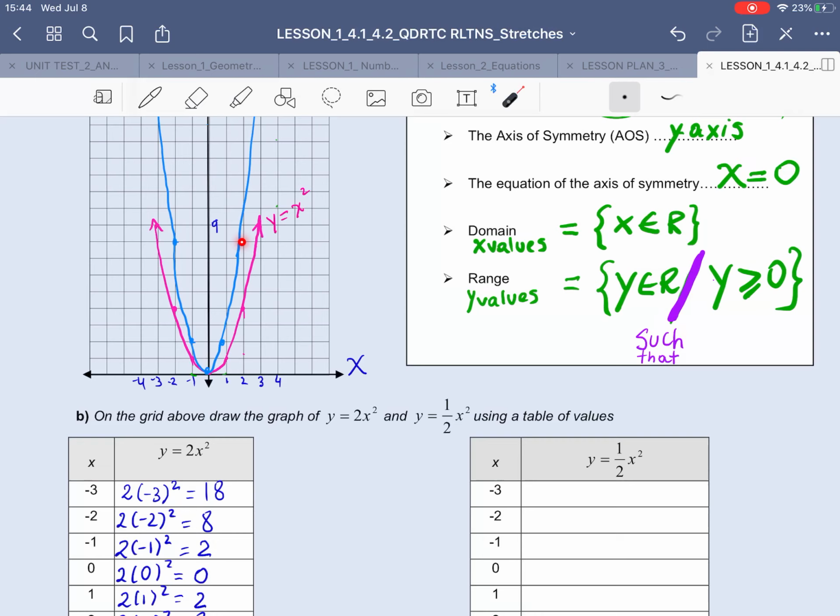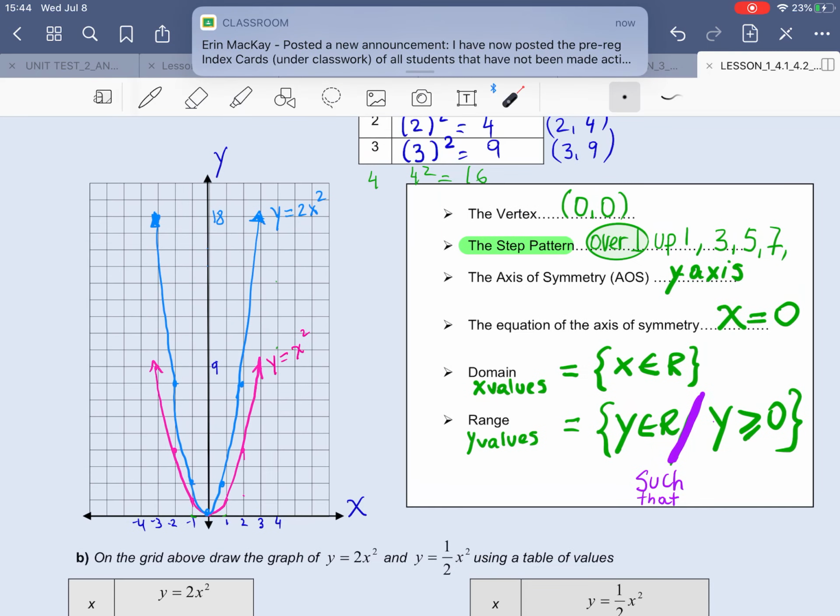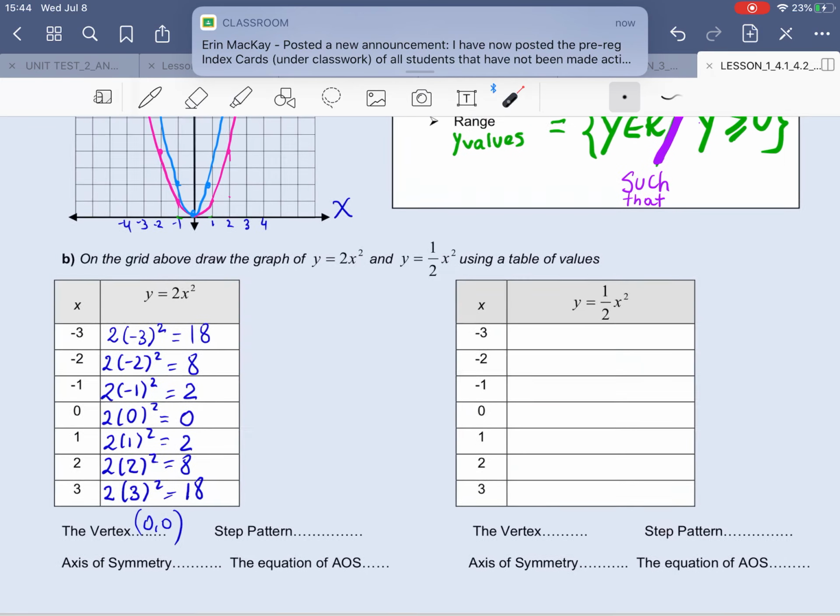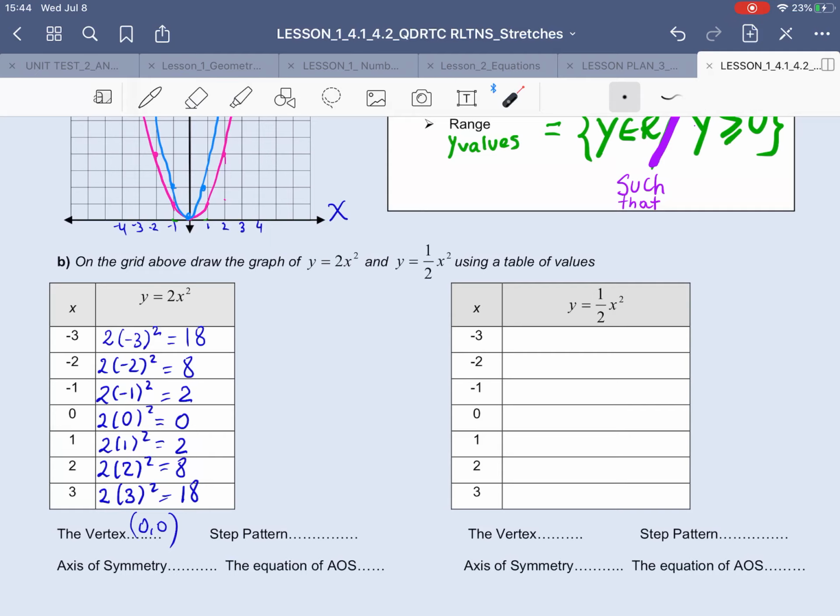That's interesting. Over 1, up 6. And then over 1, up 10. Okay? So the step pattern is 2, 6, 10. And the next thing we want to identify is the axis of symmetry. That's the y-axis still. And the equation of it is x equals 0.